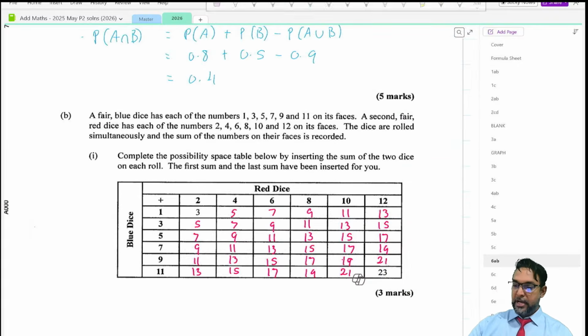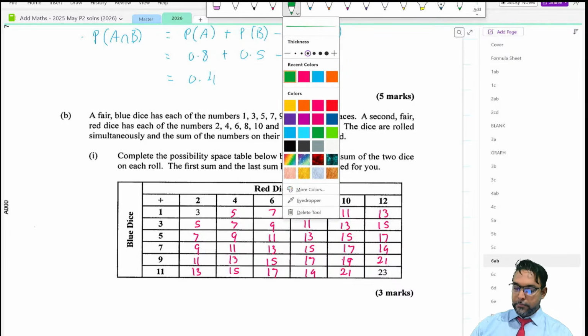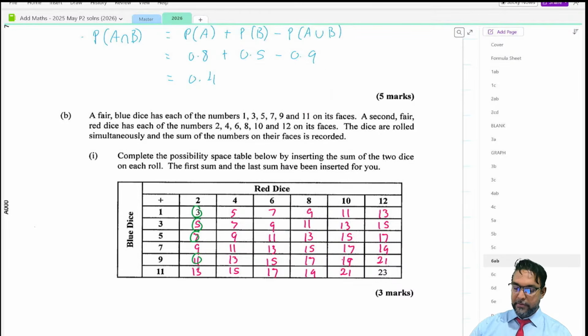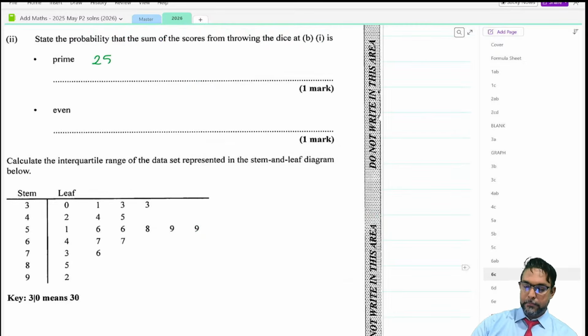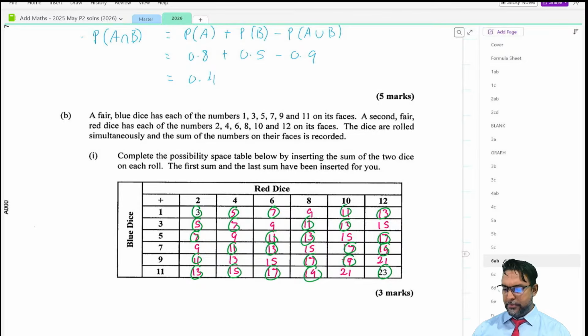Okay, so the prime numbers: 3, 5, 7, 11, 13, 17, 19. Counting the outcomes, we get 25 over 36. Even.